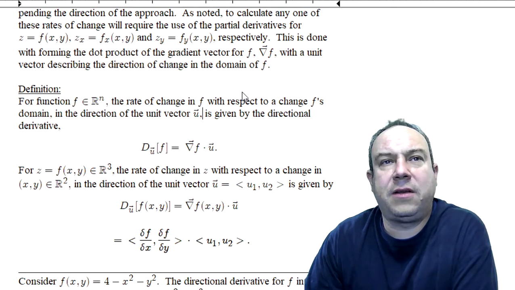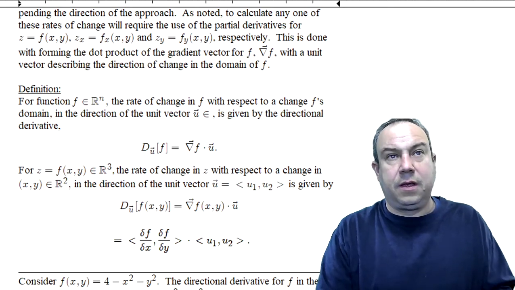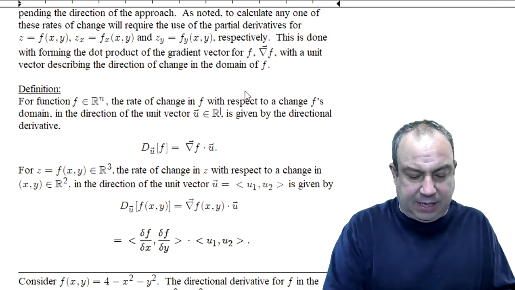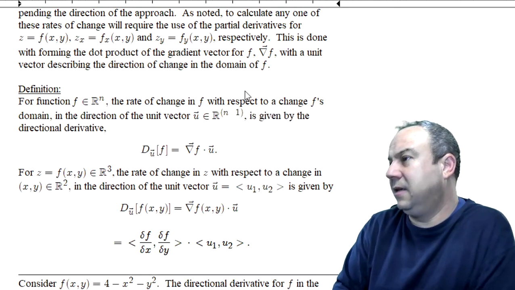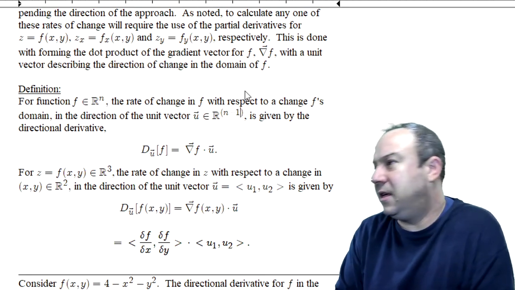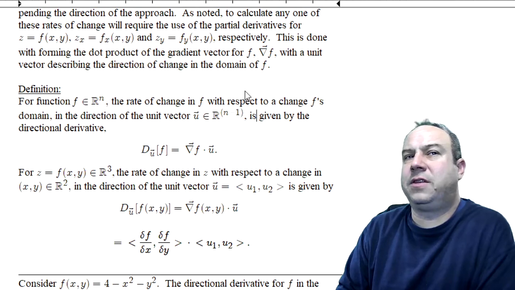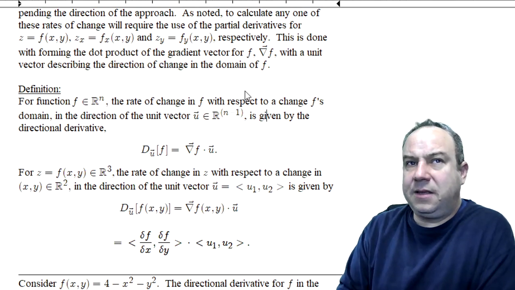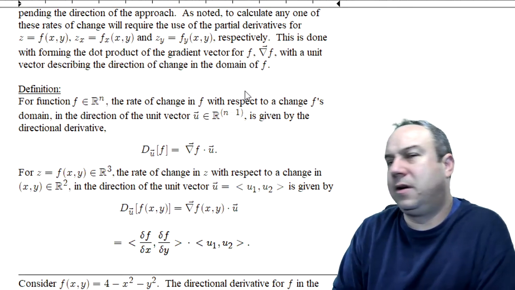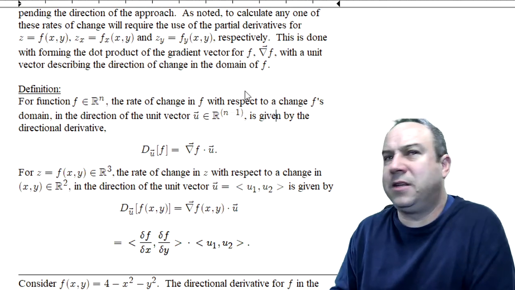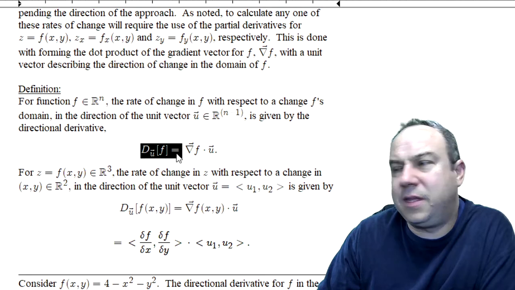Where we might point out here that would be contained in the space that is the size of the dimensions of f's domain, which if f is in n, its domain will be in n minus 1, right? So that would be a unit vector in the domain described by the real number system raised to the n minus 1 power, and is given by this calculation seen here.